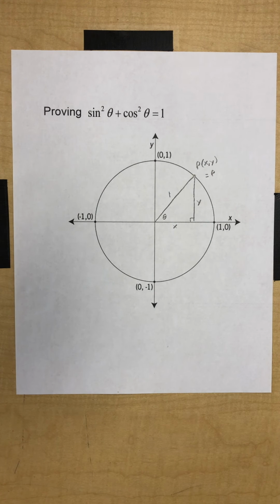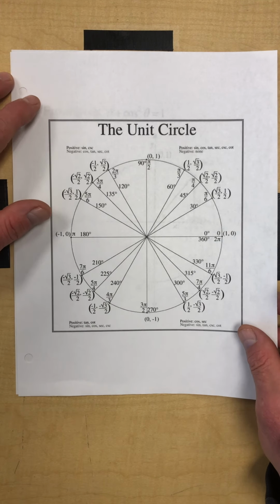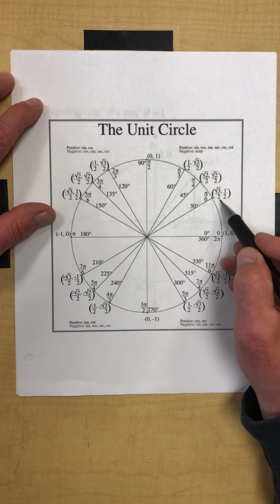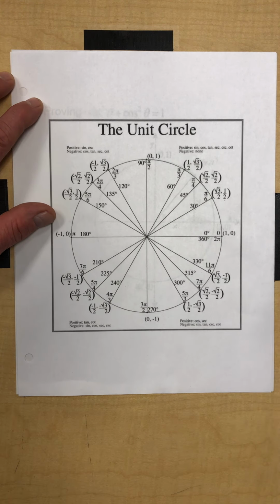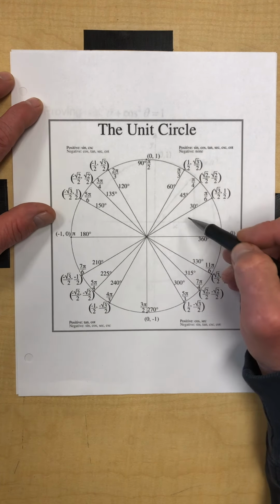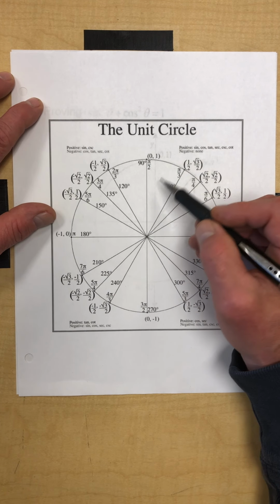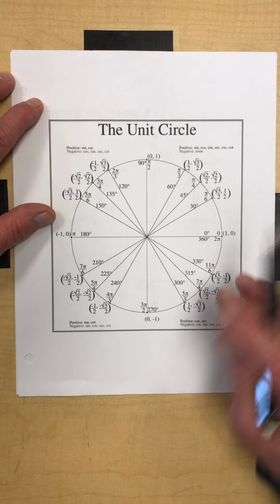That's going back to our unit circle. For instance, at 30 degrees, I know the cosine of 30 degrees is radical 3 over 2, and the sine of 30 degrees is 1/2. Same thing at 90 degrees: the cosine of 90 degrees is 0, and the sine of 90 degrees is 1.